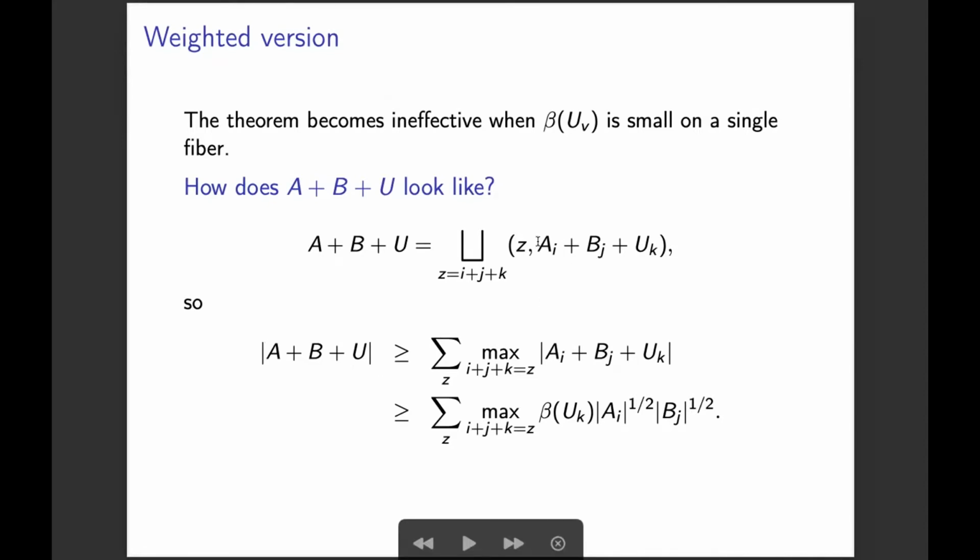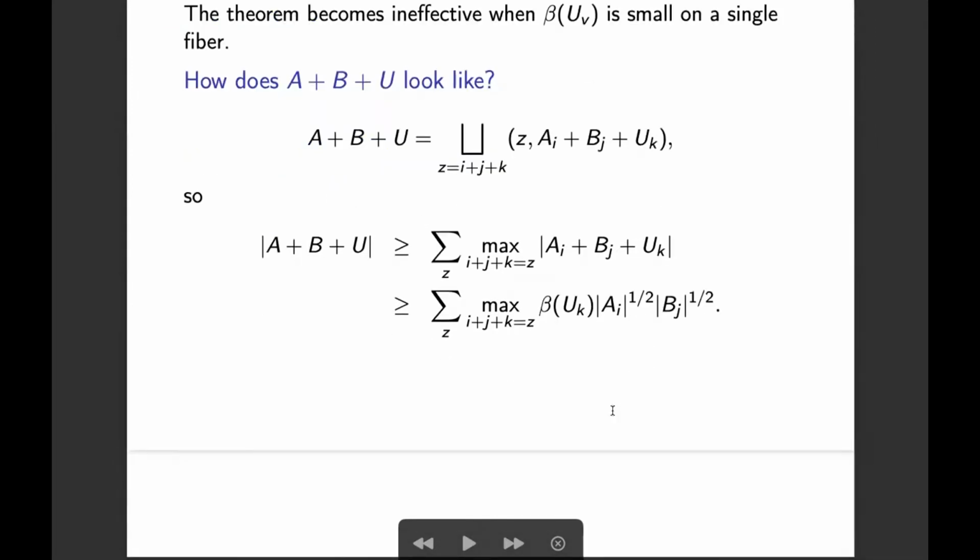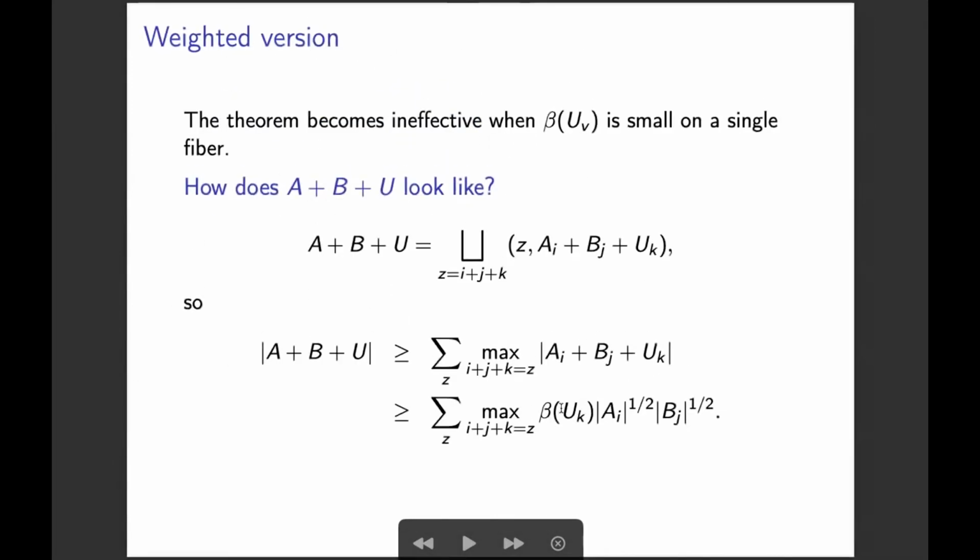And then we can bound the size of the union just by the size of the maximal triple sum on each slice. And then we can iterate and bound the triple sum with beta on a lower dimensional slice U_k. And that's how we can iterate and move down the dimension of each slice.